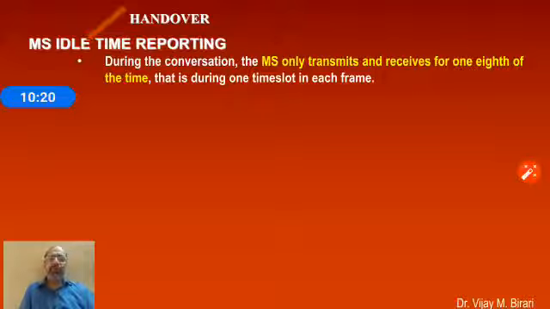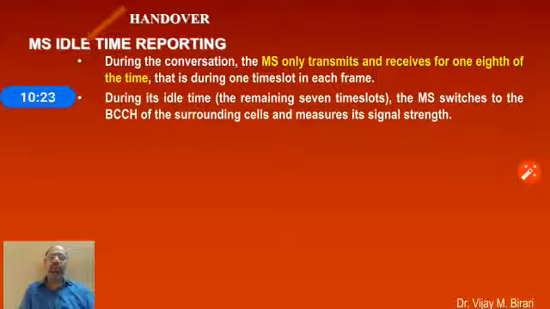Handover when the MS reports during idle time. During conversations, the MS only transmits and receives 1/8 of the time, that is during the one time slot of each frame. During its idle time, the MS switches to the BCCH of surrounding cells and measures their signal strength.